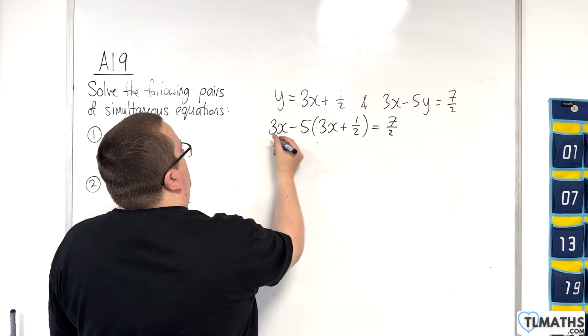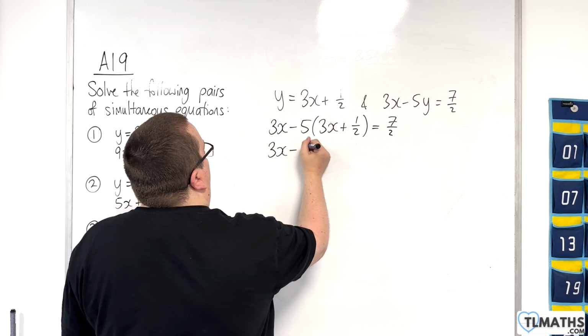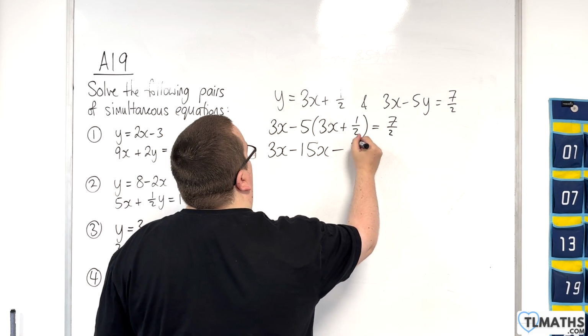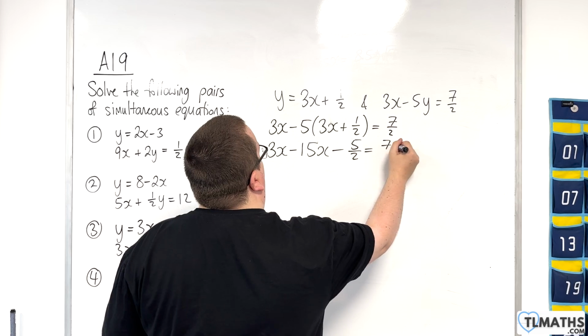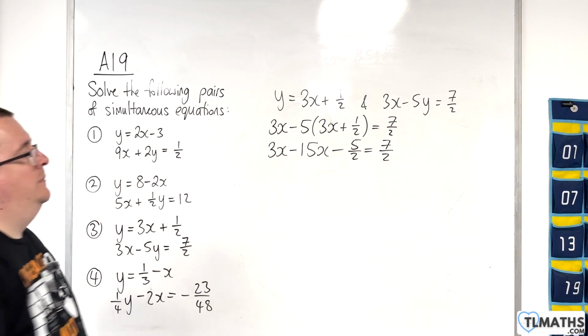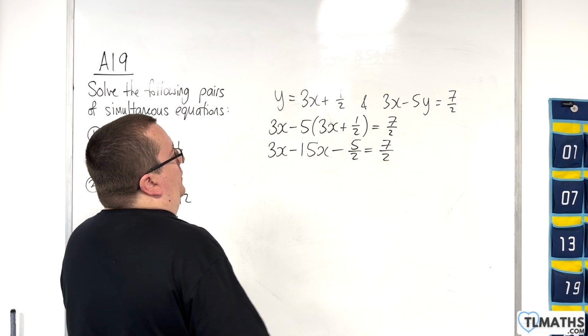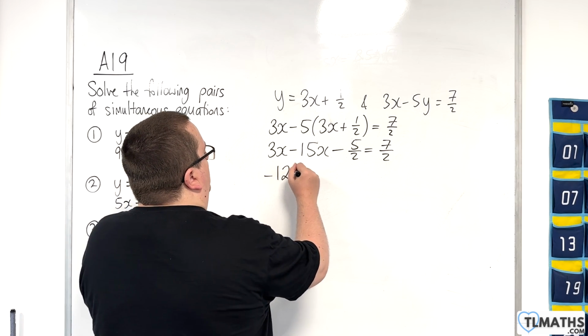So let's expand the bracket out. 3x take away 15x. Then we've got -5 times 1/2, which is -5/2, is equal to 7/2. So 3x take away 15x is -12x.